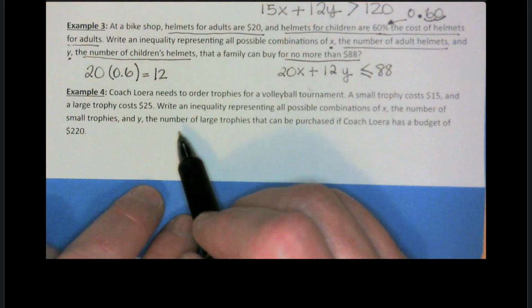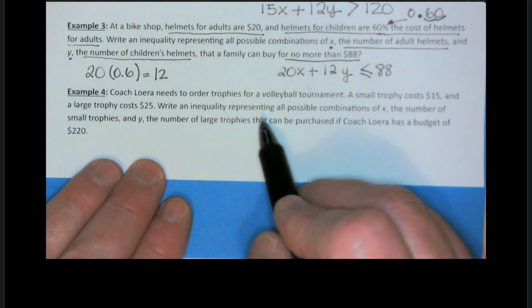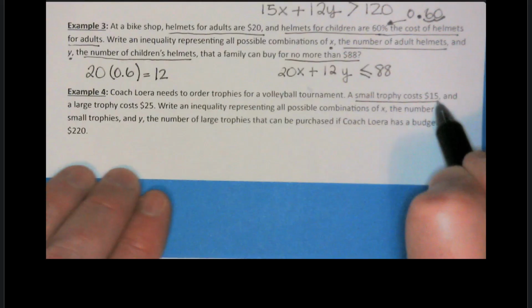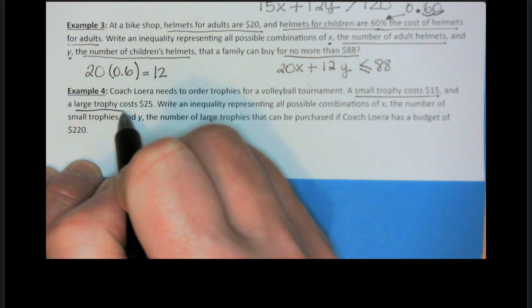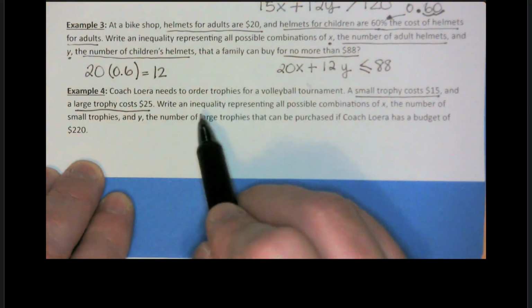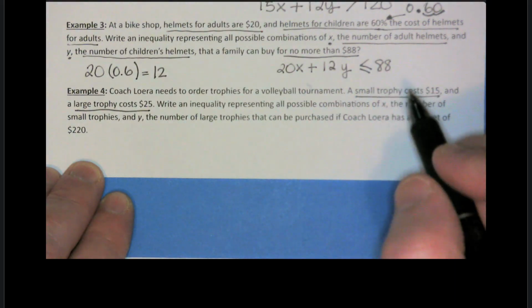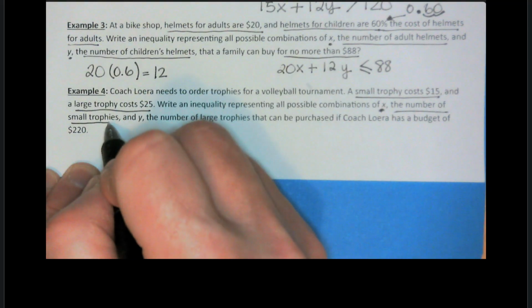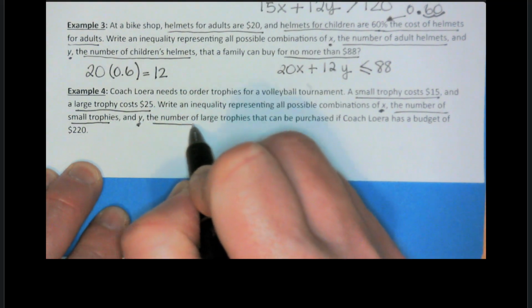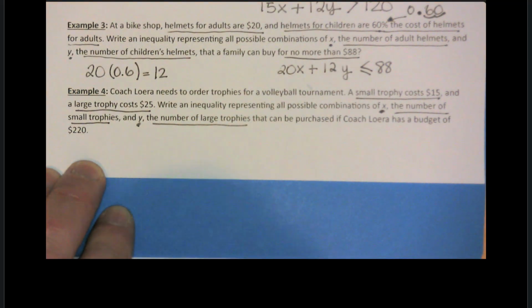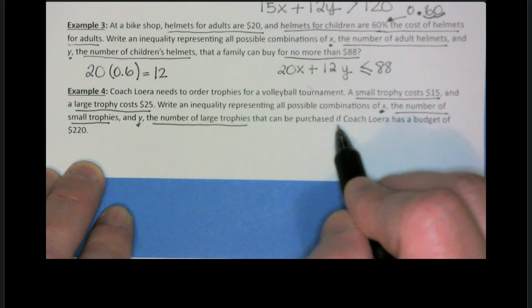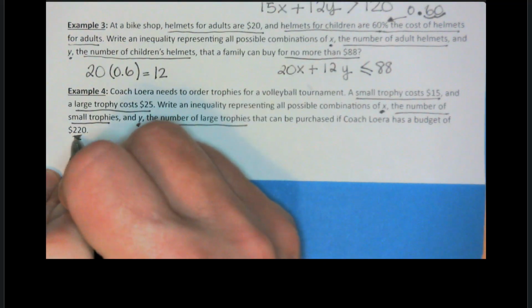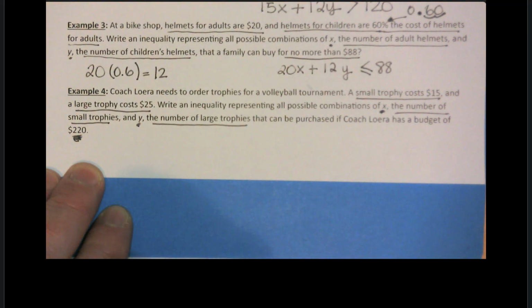Coach Laura needs to order trophies for a volleyball tournament. A small trophy costs $15. A large trophy costs $25. Write an inequality representing all possible combinations of X, the number of small trophies, and Y, the number of large trophies that can be purchased if Coach Laura has a budget of $220.